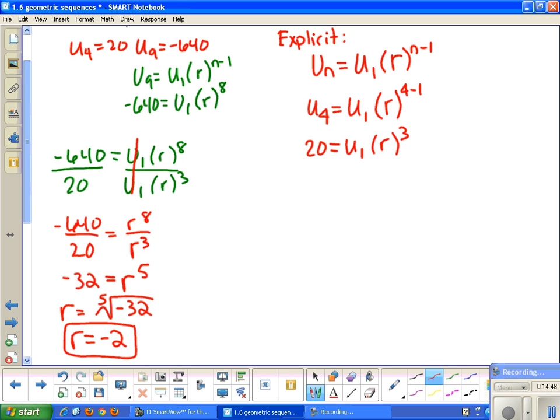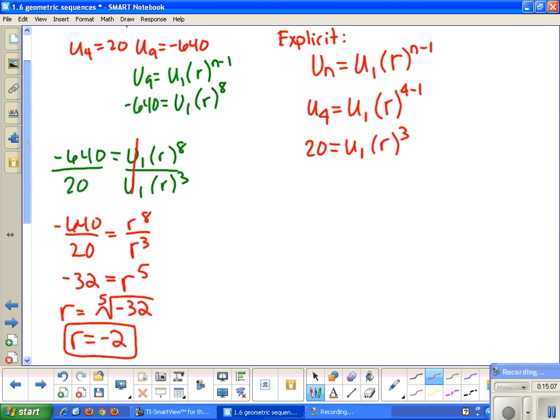Notice the exponent is always the difference, so you can just subtract 9 minus 4, which gives you 5 as well, and then you divide the two numbers.